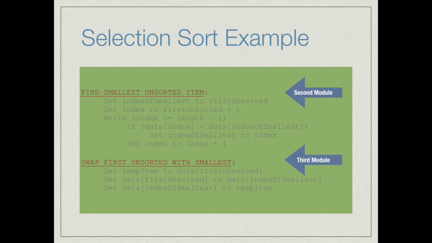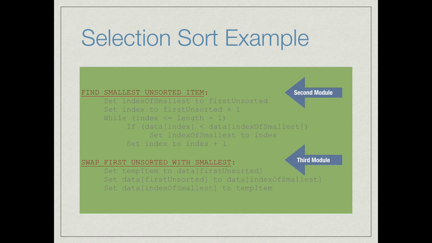The third module that we have here deals with swapping. So assuming that we've gone through the rest of the array, we now know what the index of the smallest value is. We now need to swap the value of first unsorted with the value of index of smallest.